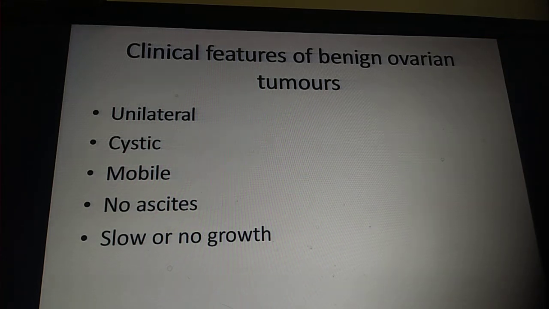If you are seeing it over a period of 1 or 2 months, there is no growth or slow growth. These are all features of benign ovarian tumors. Then the surface is smooth with no nodularity, and it's not firm in consistency.